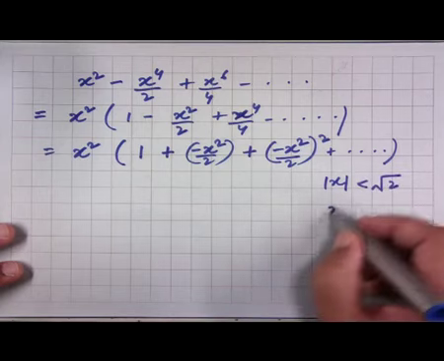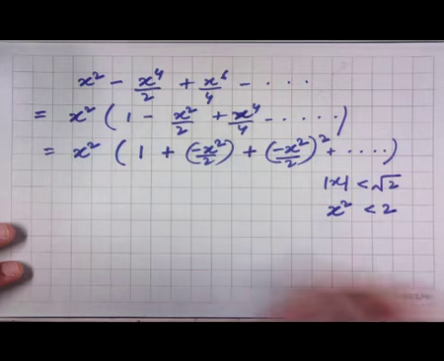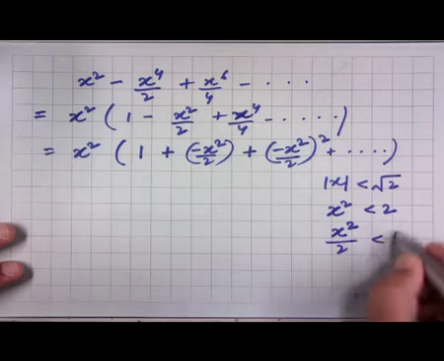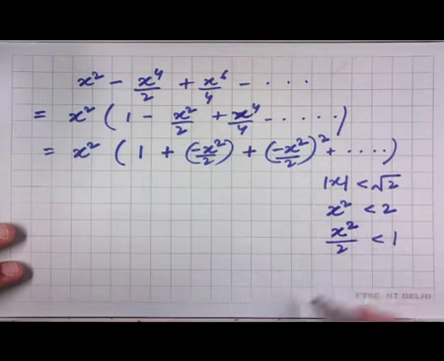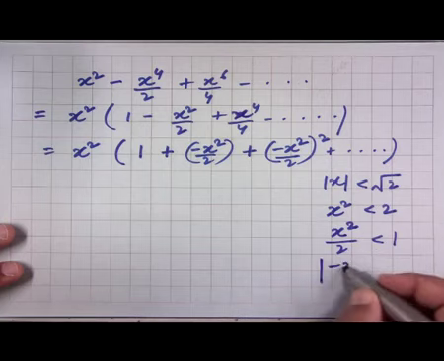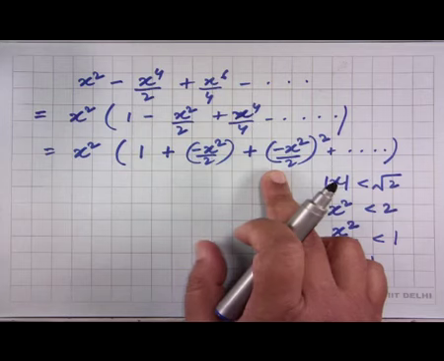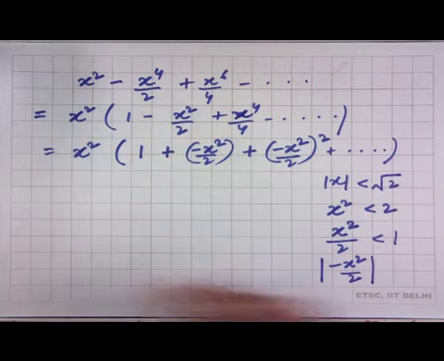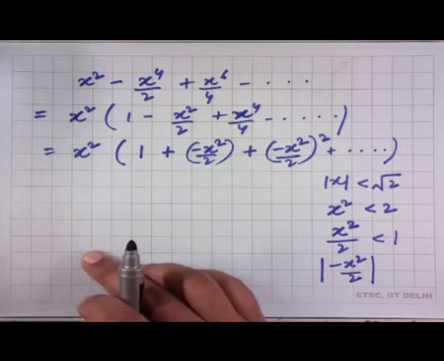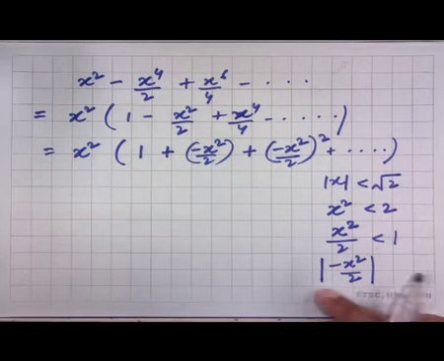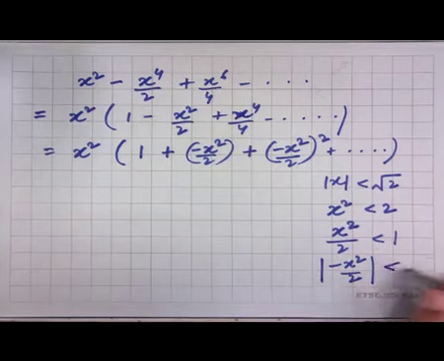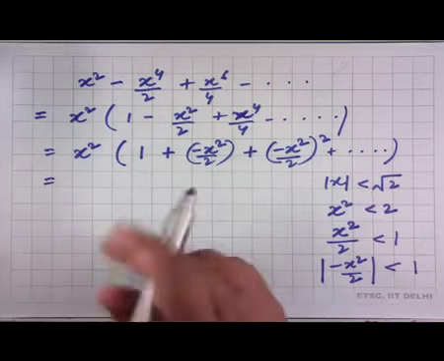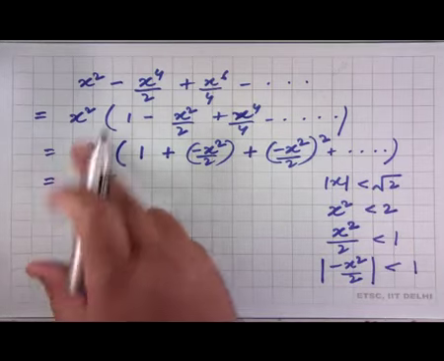So, what that implies is that x square is less than 2, and therefore, x square over 2 is less than 1, and this basically implies that the modulus of minus x square over 2, which is the ratio between the nth term and the (n minus 1)th term in this geometric series, is less than 1, and therefore, even this sequence is going to converge.